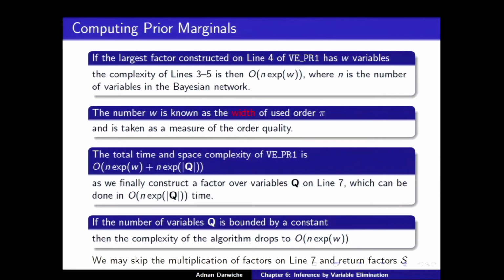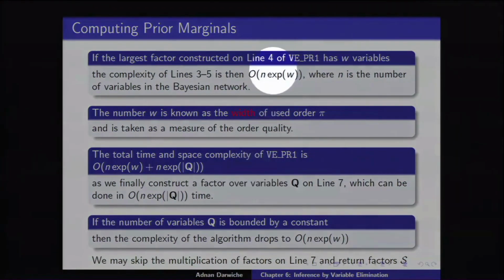Okay, now we can write an expression about the complexity. If you discount the very last step, where the loop finished and then we multiplied all remaining factors, then the complexity is just this, right? W is the width of the order, N is the number of variables.